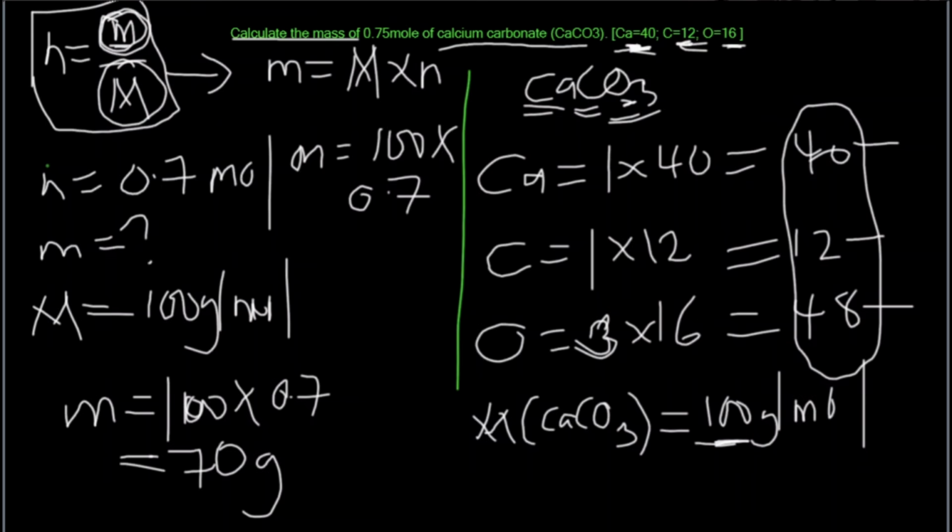So you make the mass the subject: mass equals molar mass times moles. Our moles were given as 0.7 moles, and you calculated the molar mass, so it will be 100 times 0.7, which will give you 70 grams.